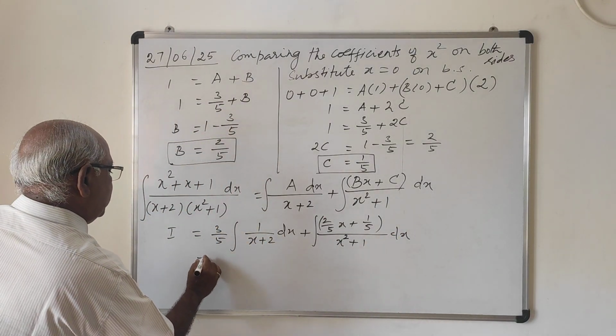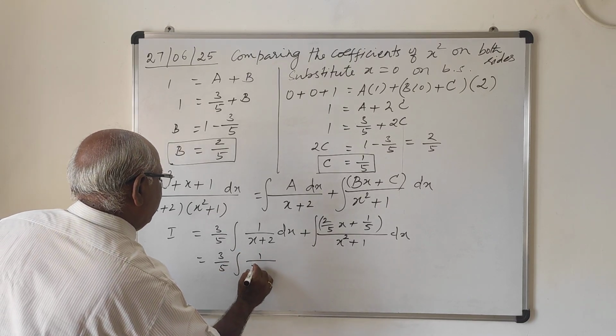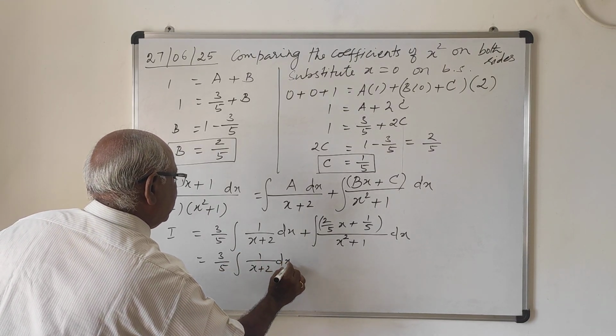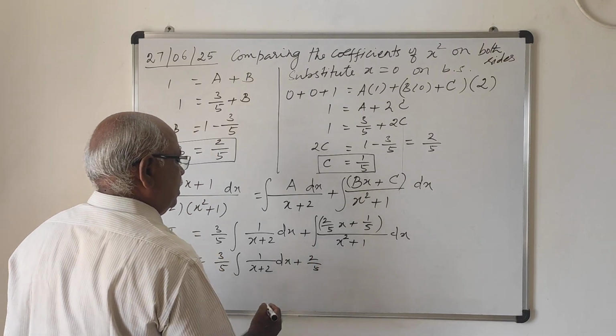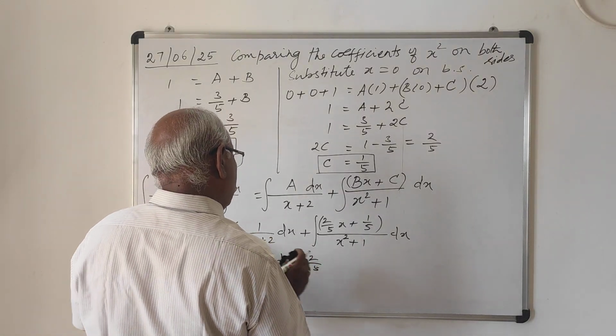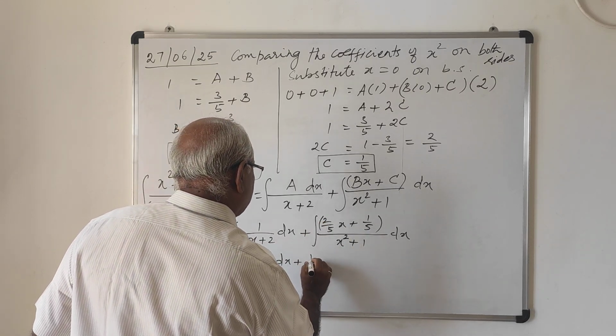Now you can split this into 3 by 5 into integral 1 by x plus 2 dx, plus you bring this 1 by 5 out of the integral, and keep the 2 inside the integral.